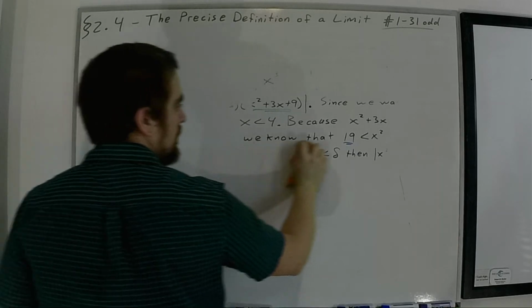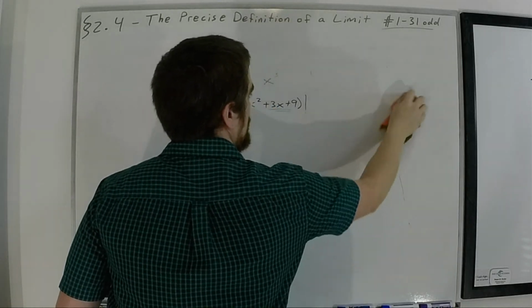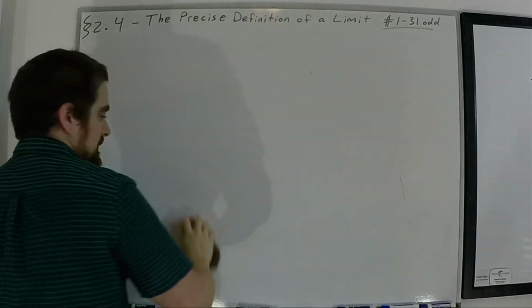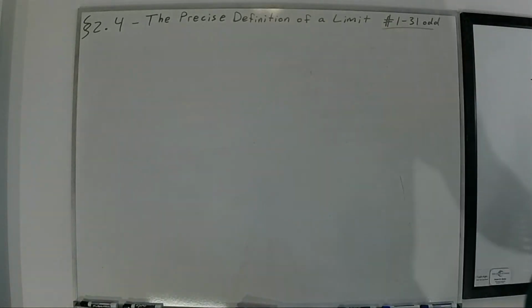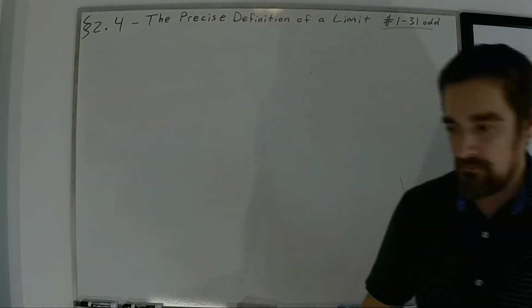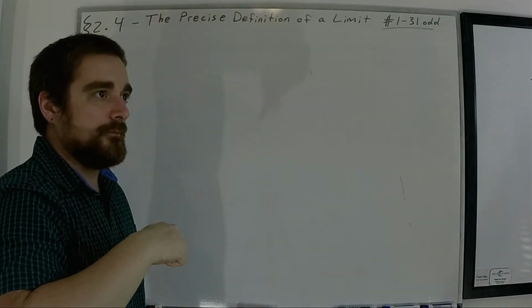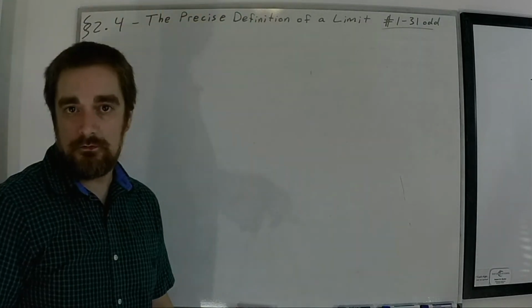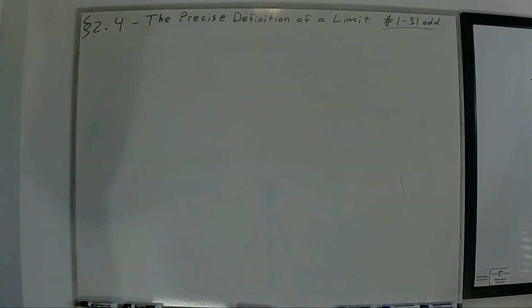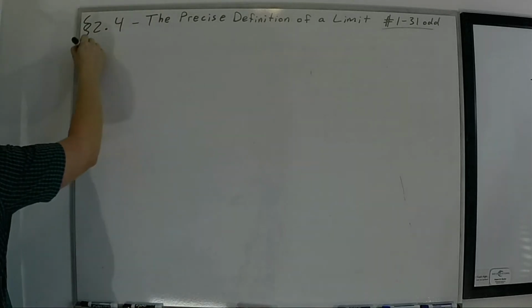But we did come across situations where, if we looked at the limit of a function, and maybe there was a vertical asymptote there, when we looked at the limit, it might shoot up to infinity or something like that. So I want to do one example where that may be the case.